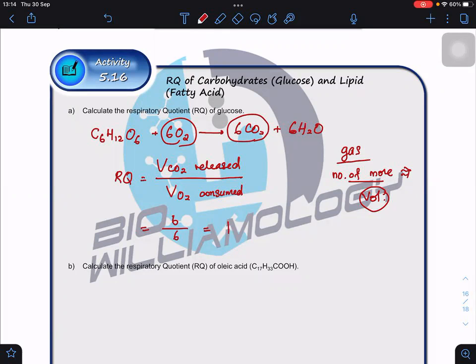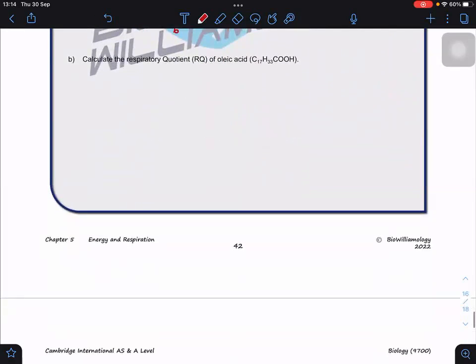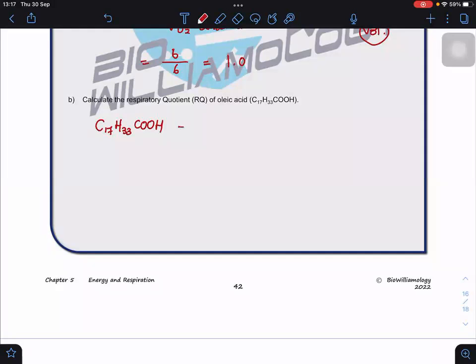So now take a bit of time and calculate the RQ value for oleic acid. Same thing: plus O2, we get CO2 plus H2O. How do we balance the equation? We calculate the total number of carbons here: 18 carbons, C17 plus C, so total 18 carbon.